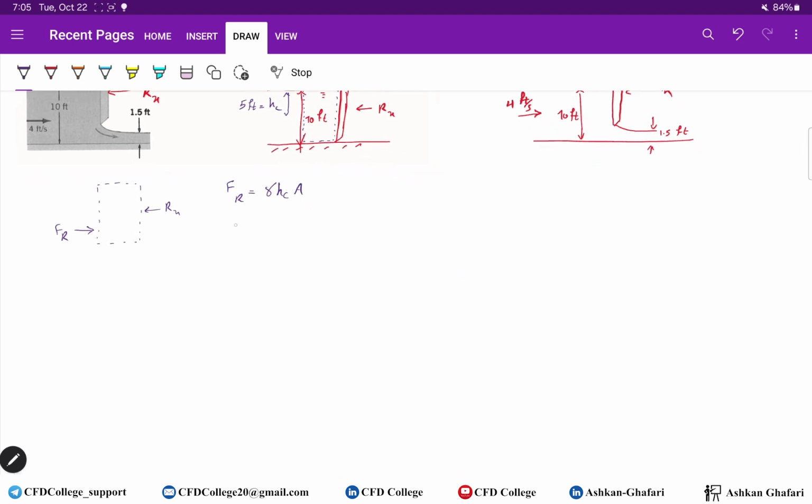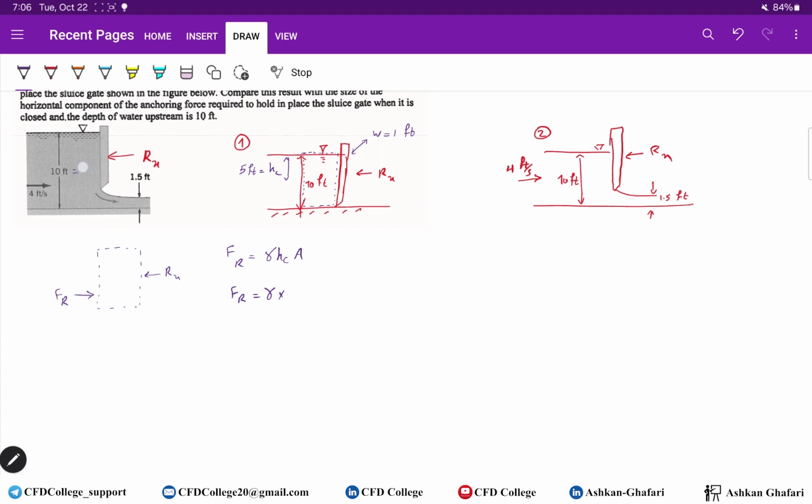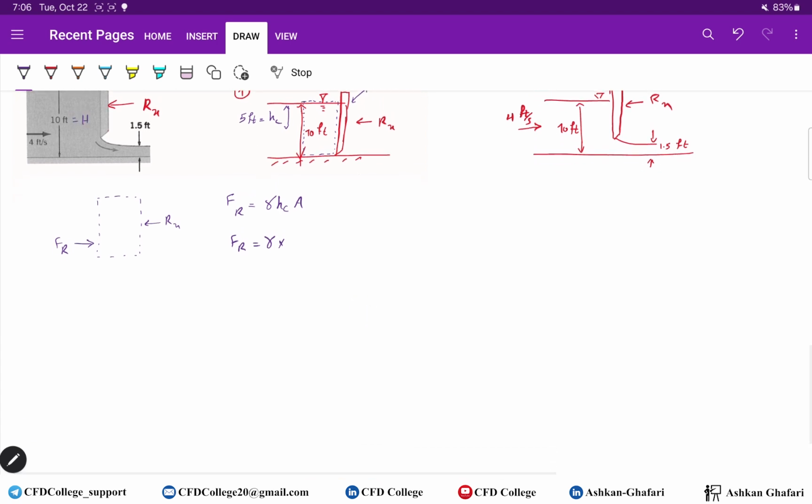Okay, so Fr in this situation is gamma times, if we call this 10 feet h, hc is h divided by 2. The area is h times width, but since we want to find the force in pounds per unit foot, we don't use the width, so area is h.